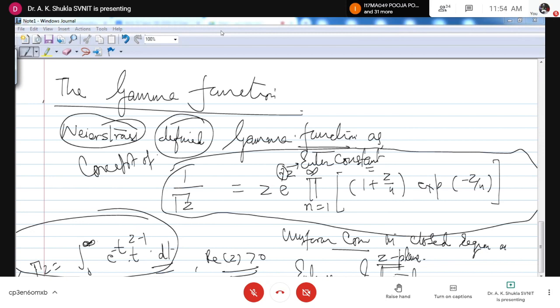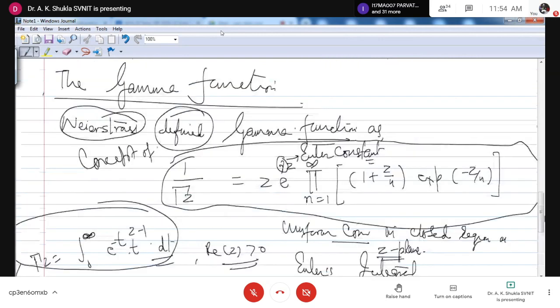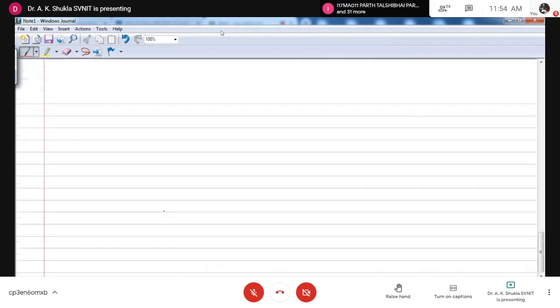A lot of the work was done by Euler, and many properties of the gamma function and beta function were given by Euler. And here, what is the property of this Weierstrass gamma function?